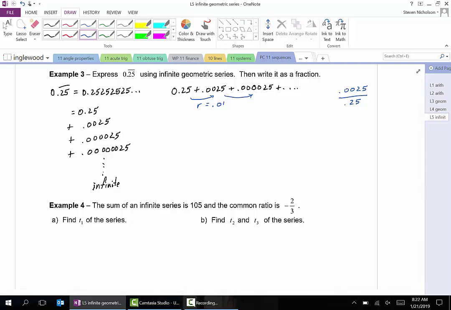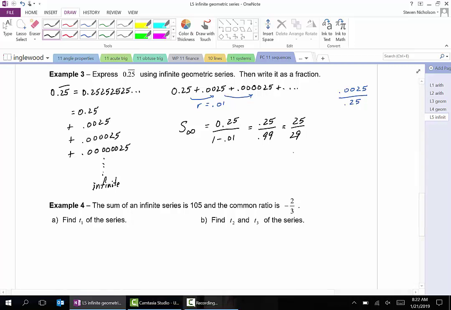So in looking at our R, it is obviously in between -1 and +1, which means we can use our infinite series formula. T1 is 0.25, and we get 1 minus 0.01, which is equal to 0.25 over 0.99. If we simply multiply top and bottom by 100, moving the decimal place 2 places to the right, there is our fraction, 25 over 99.